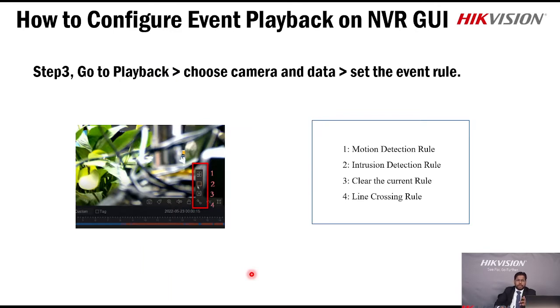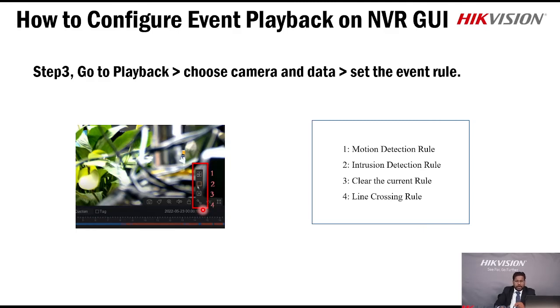Then third, that is step 3, go to the playback option. Choose the particular camera and start the playback for it. On the right side corner there is an event rule you need to apply.